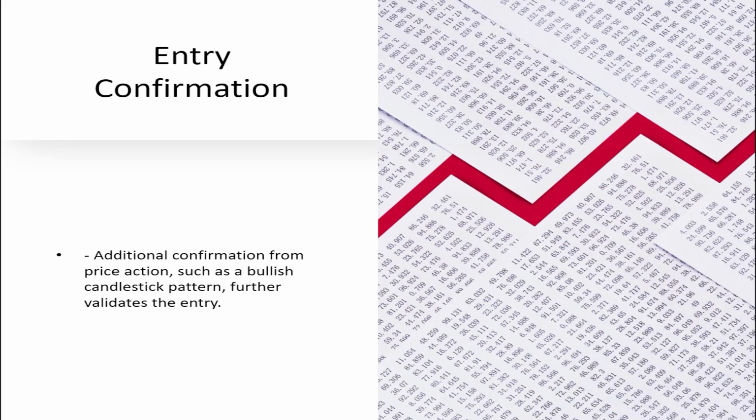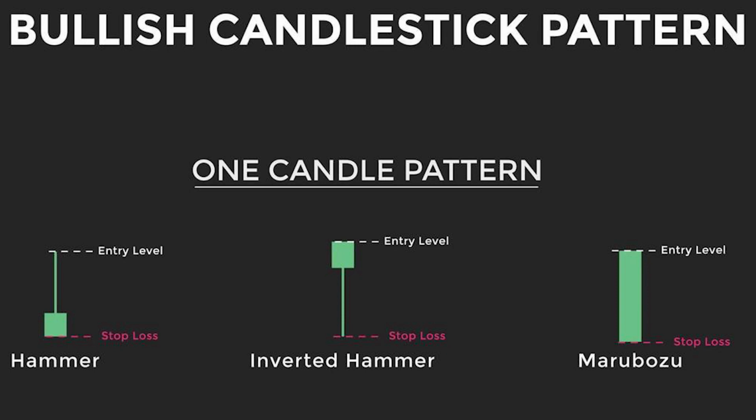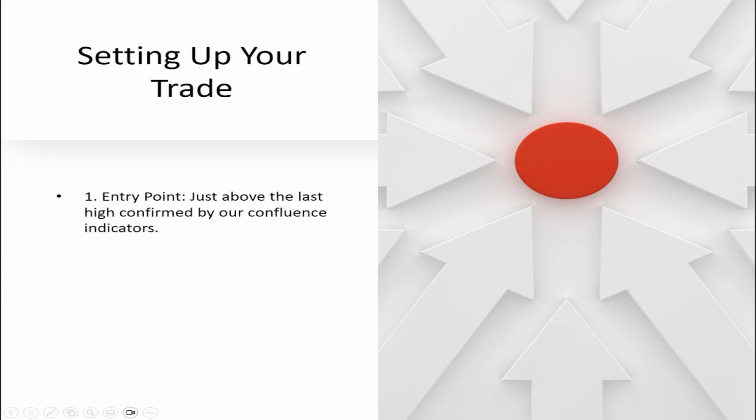When you spot such a confluence, it's your cue to prepare for the entry. I typically wait for additional confirmation from price action, like a bullish candlestick pattern, just to further validate the entry. Now let's talk about the trading setup. The entry point should be just above the last high confirmed by our Confluence indicators.